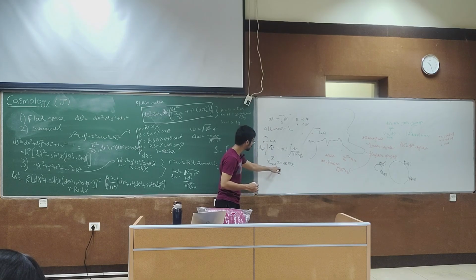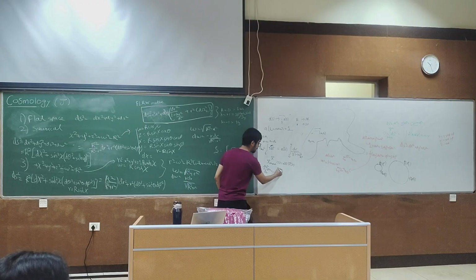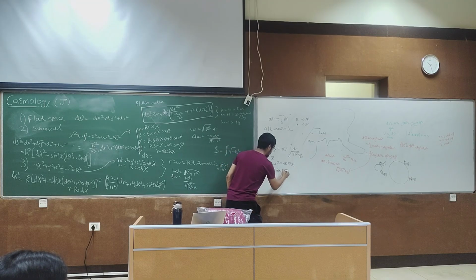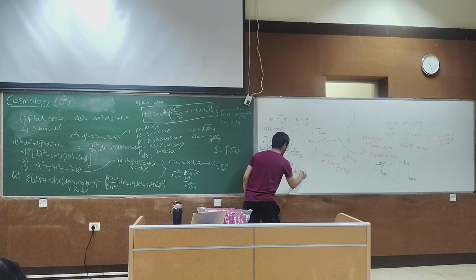Now if you want to know the change in distance or change in the position of the physical coordinates, we'll do this. dx physical by dt would be a dot, everyone understands this dot notation, right? It's just the derivative with respect to time, times x of t, plus a of t times x dot of t.